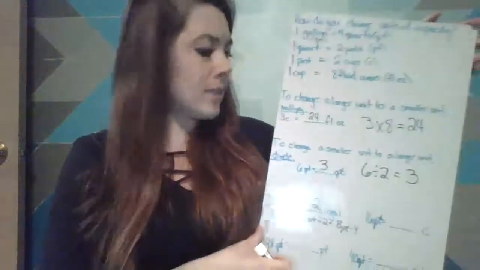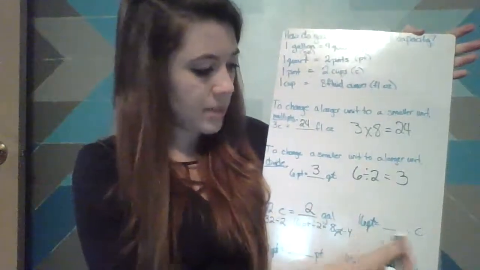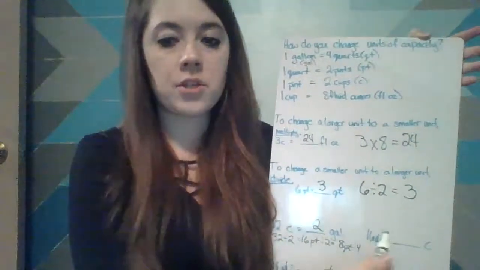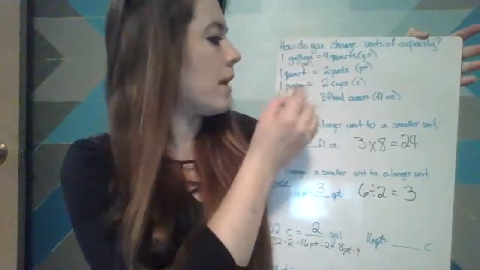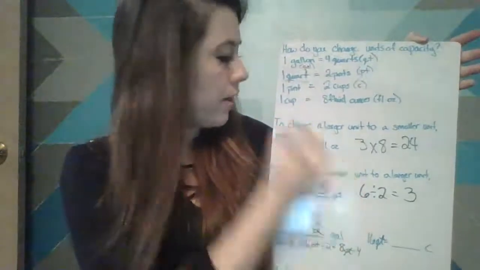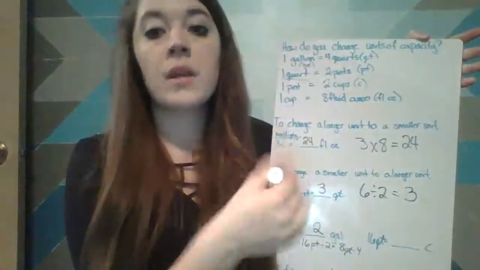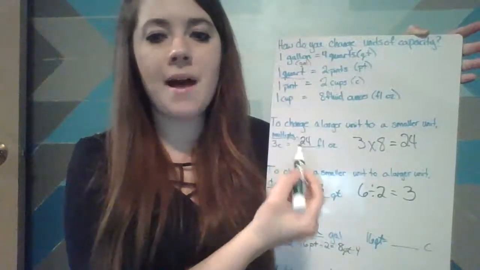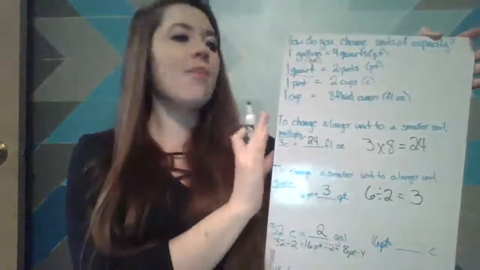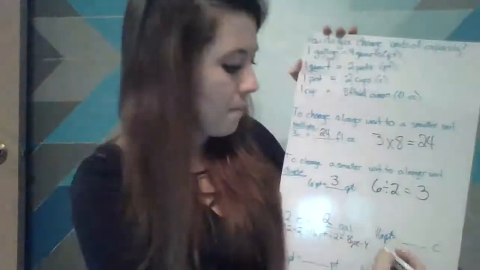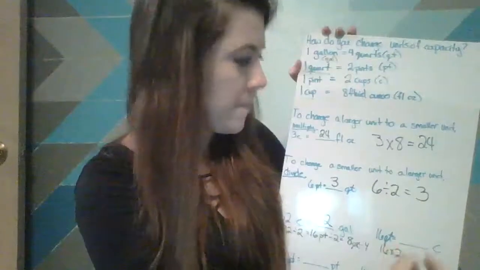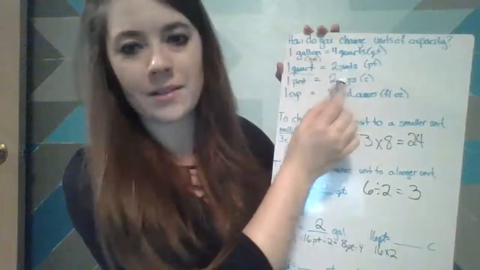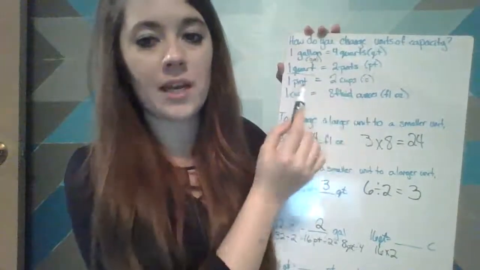All right, our next one, we have 16 quarts equals how many cups? Once again, we're going to have multiple steps here. Quarts, right here, is it bigger or smaller than cups? It's bigger, so we're going from a larger to a smaller, so we're going to multiply. We take that 16 quarts and multiply it by 2, because 1 quart equals 2 pints.